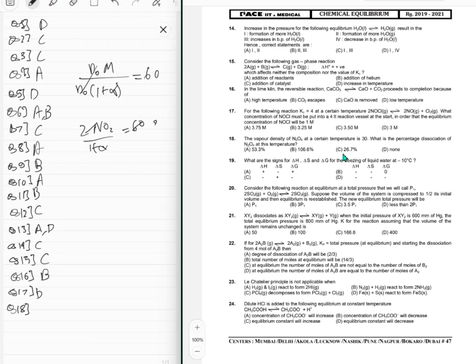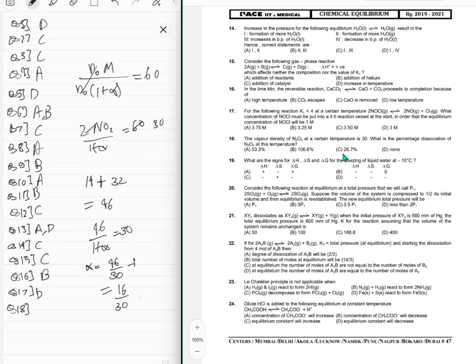So this is just 30 once again. And NO2 is 14 plus 2 into 16, which is 32, and that is 46. So 46 upon 1 plus alpha is 30. That means alpha is 46 upon 30 minus 1, which is 16 upon 30.